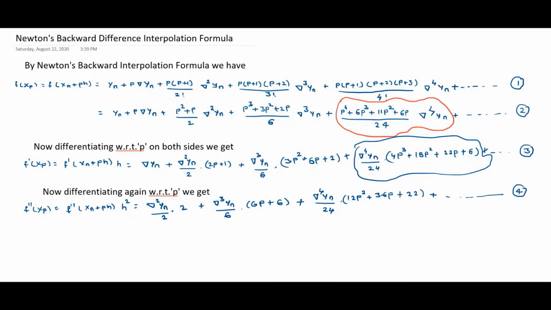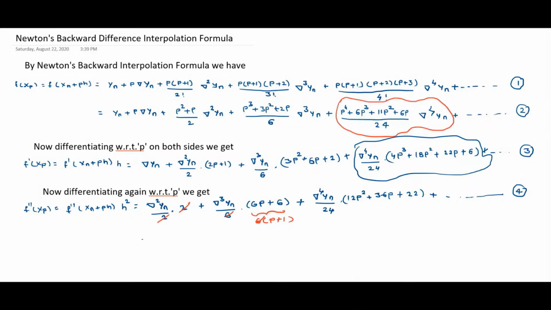In this equation, here this 2 and 2 get cancelled. Similarly, from this term, if we take 6 common, here we are left with p plus 1 and this 6 and 6 get cancelled.